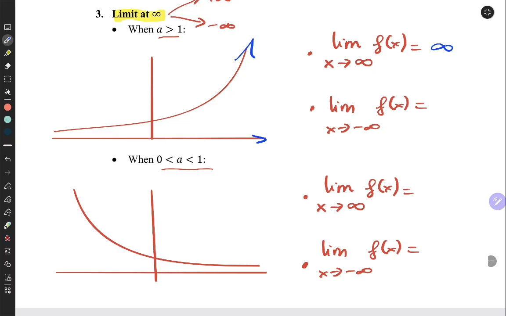You plug in a very small number. You can tell from here, or from analyzing this. What happens? It's a very small number close to 0, but never equal to or less than 0. So what will be your final answer? You're going to go to 0. The value that you plug in there is going to be extremely small, which is 0.